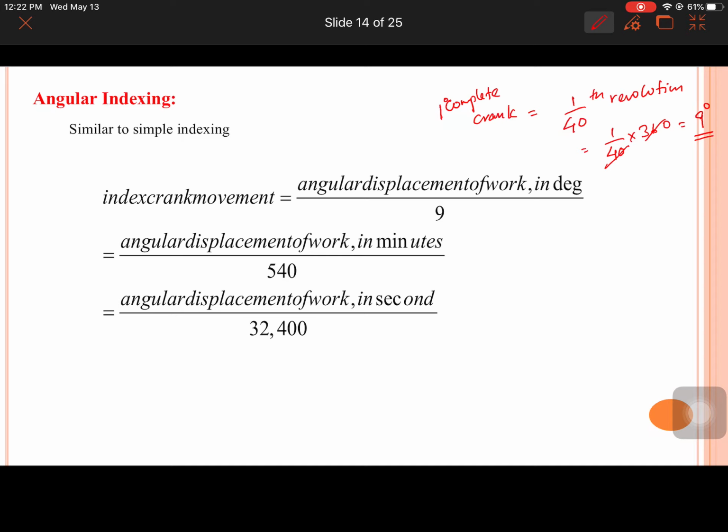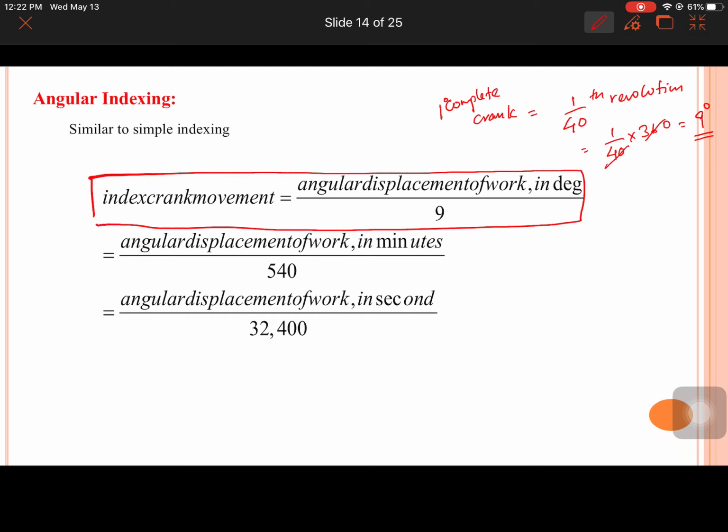So if you want to achieve an angular displacement which is less than 9 degrees, then what is the formula I need to use? The formula is index crank movement is equal to angular displacement of the work divided by 9 degrees. So let us take some examples so that you will get a better understanding. If I want to achieve 15 degrees angular movement, then what is the formula I can use? 15 degrees by 9.